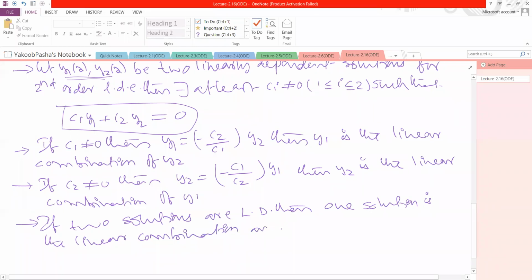This is an important point. When two solutions are linearly dependent, then we say that one solution is the linear combination of another solution. Now I am taking one example here.